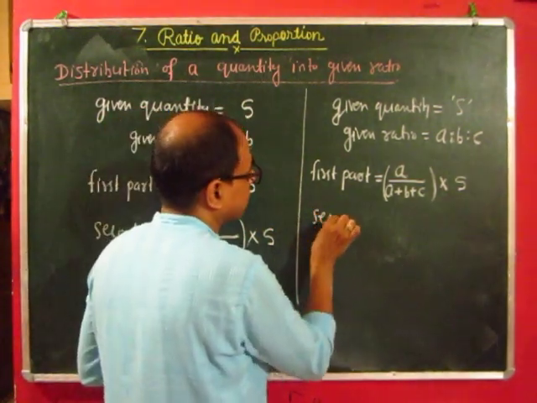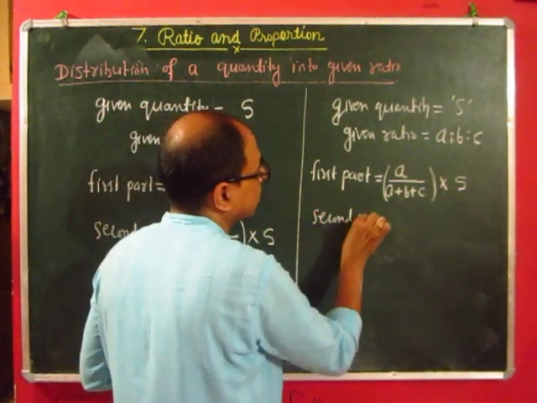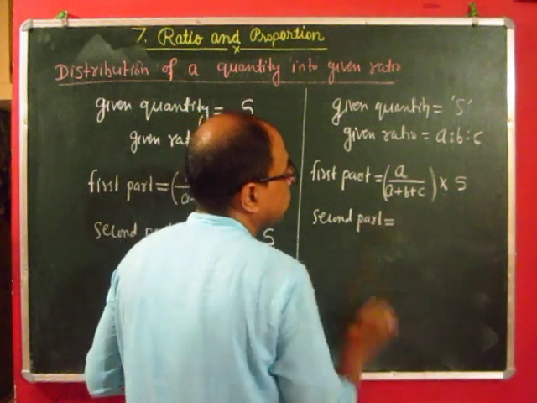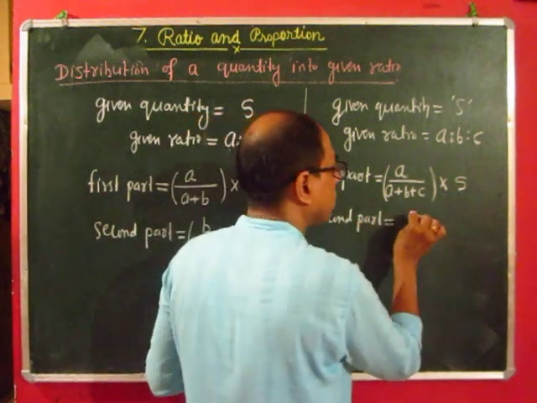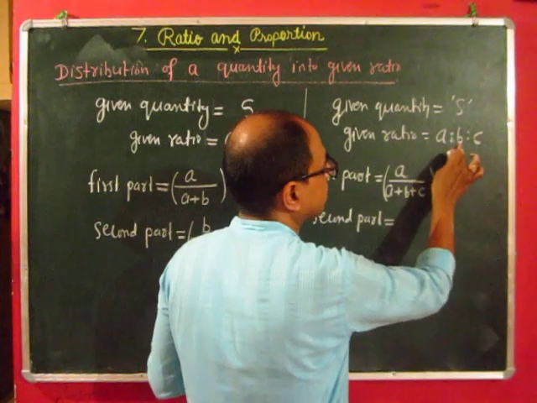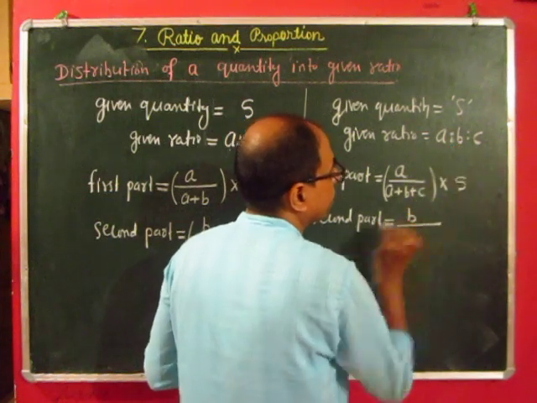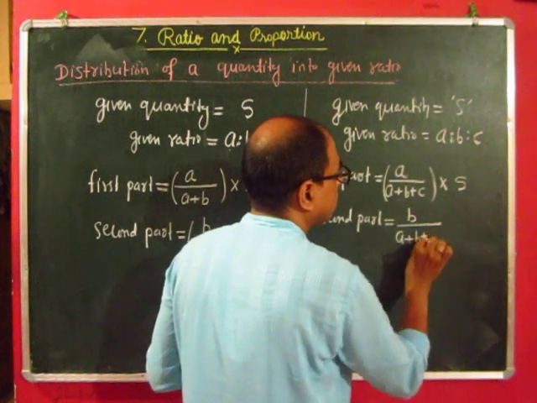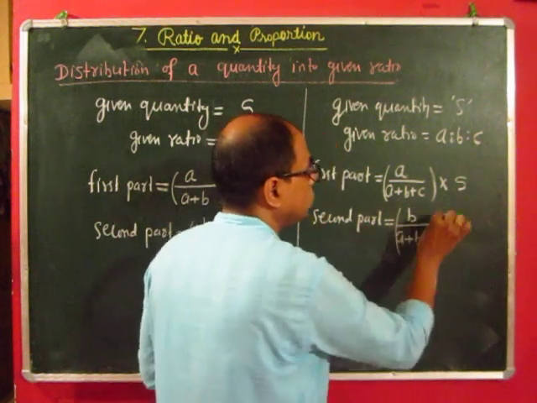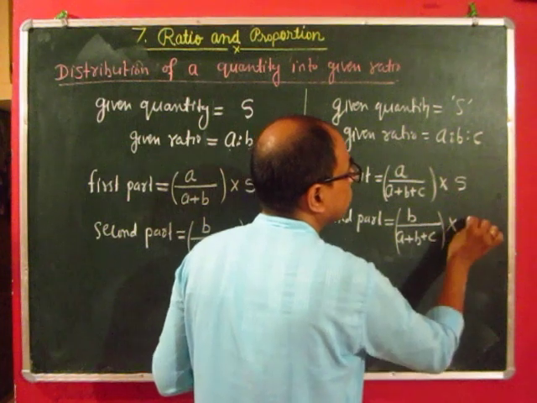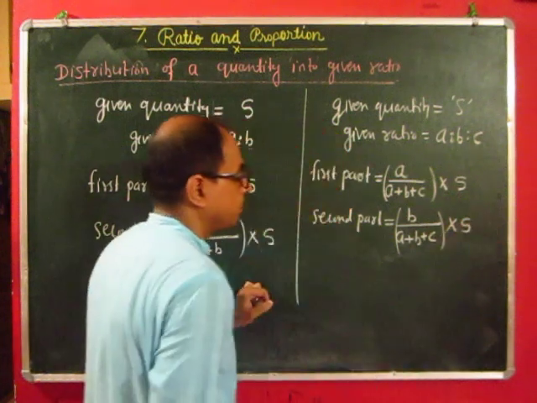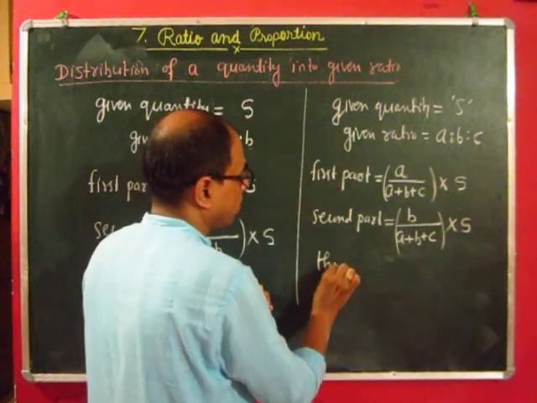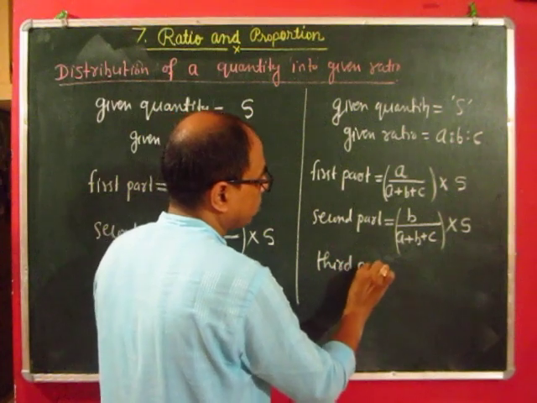Now, what is the value of the second part? In the numerator write the term corresponding to the second part, that is B here. In the denominator write the sum of all the terms of the ratio, multiplied by the total amount that we have to distribute. What is the value of the third part?